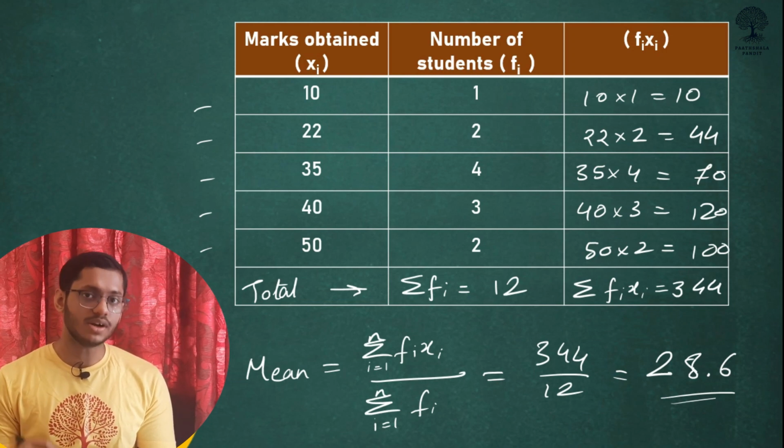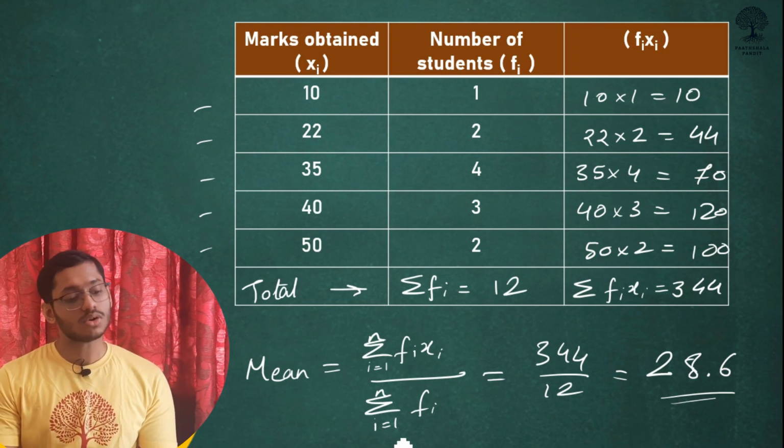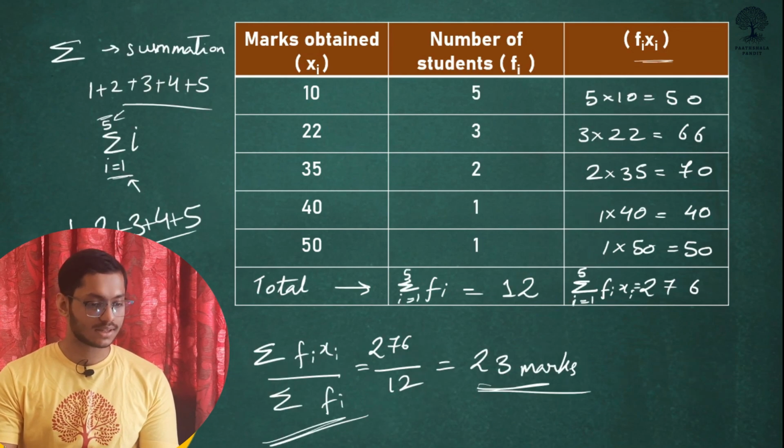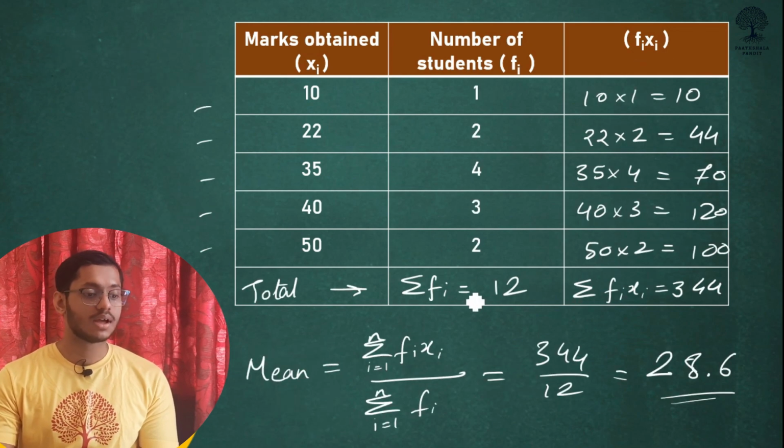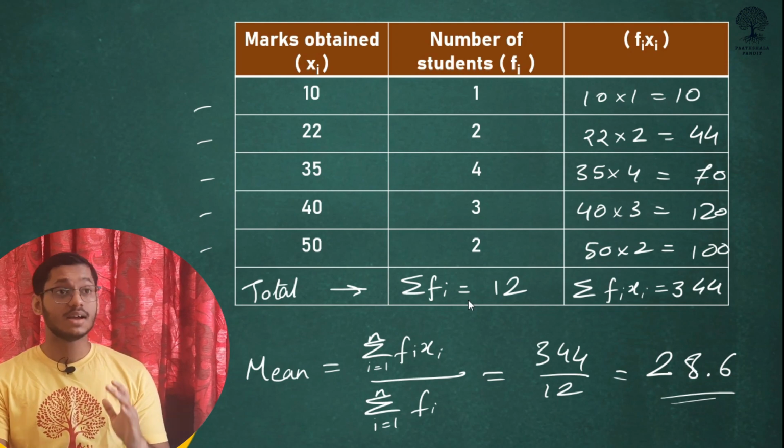It is 28.6. So previously we were getting, I think, 23 marks, and now the average increased by almost 6 marks.